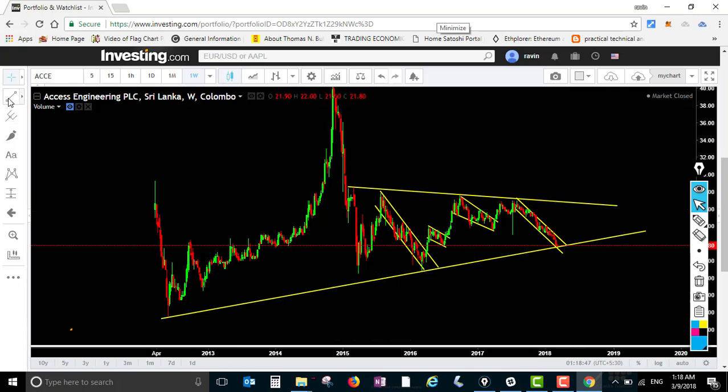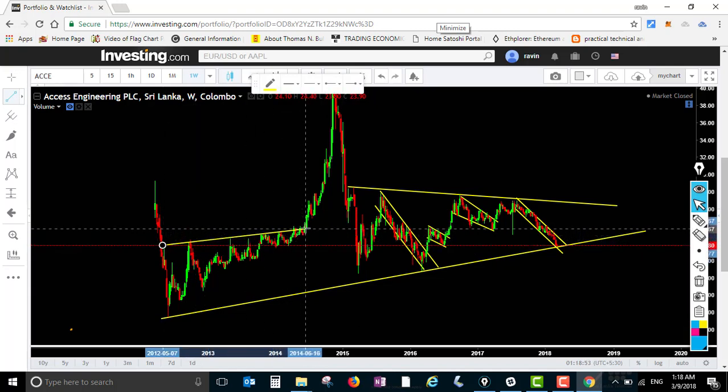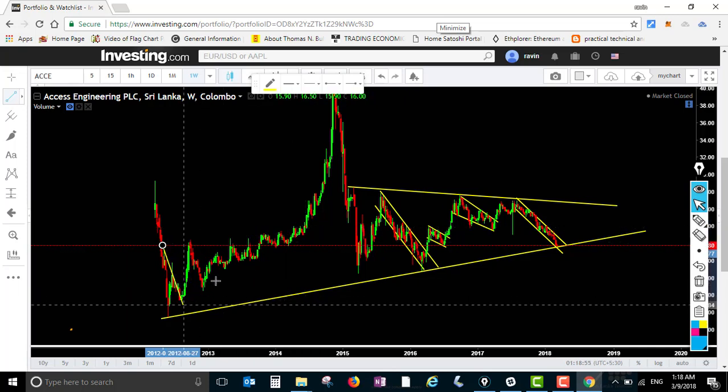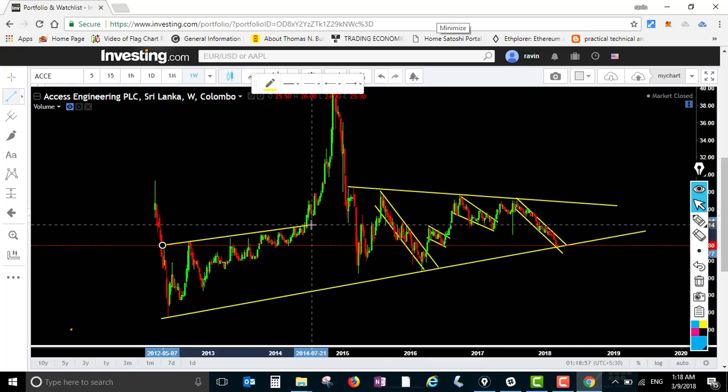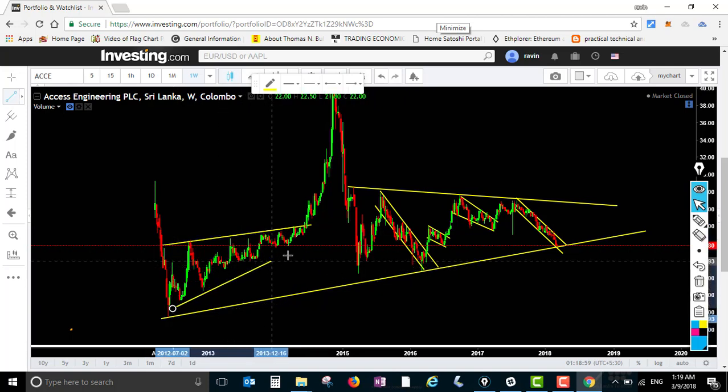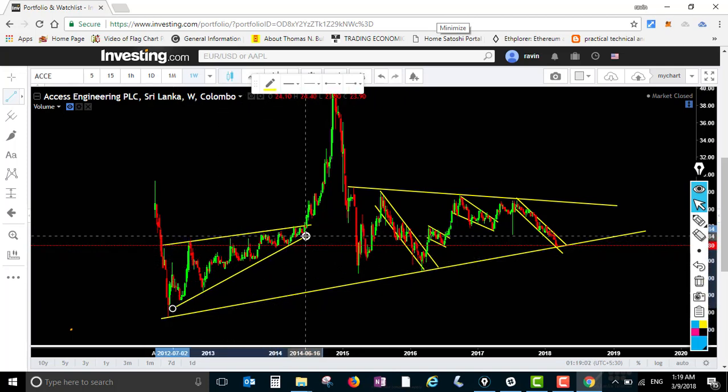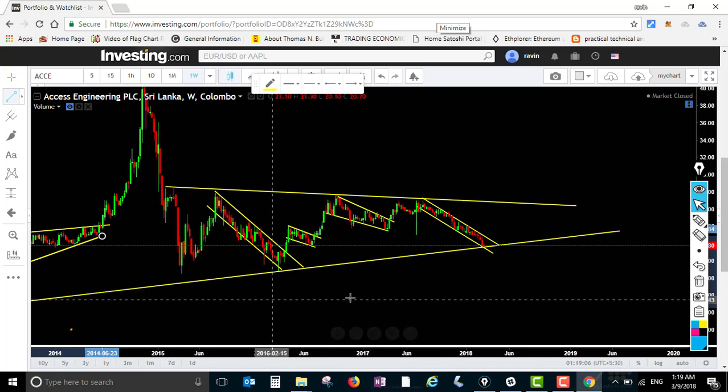Let me show you before that how to find the reversal point. There are a few patterns you can see here. These are very nice and repetitive patterns. You can see the price itself repeated these patterns several times in the past.